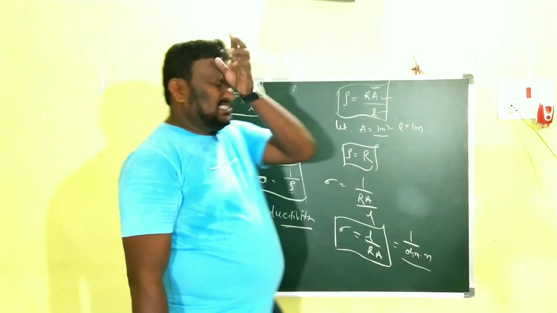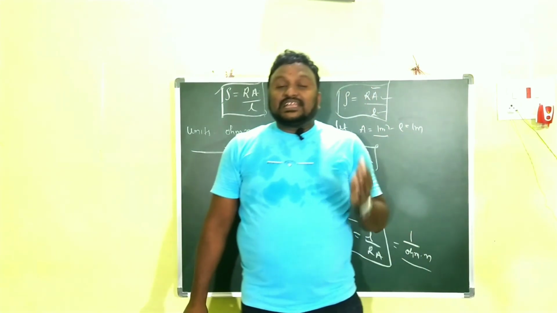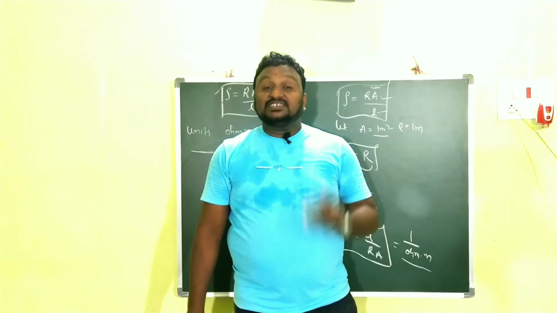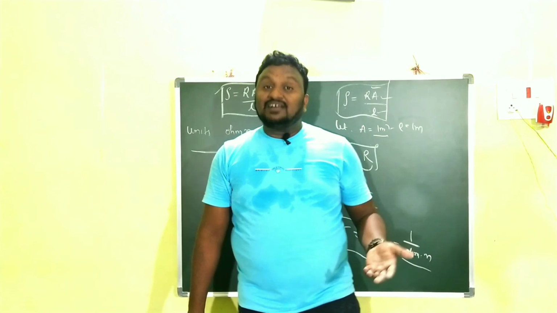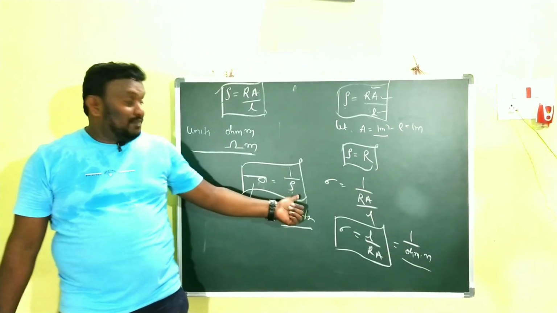Got it, children? Very simple. What is meant by conductivity? Conductivity is the reciprocal of resistivity. Conductivity is generally shown by the symbol sigma. Sigma is equal to 1 by rho.